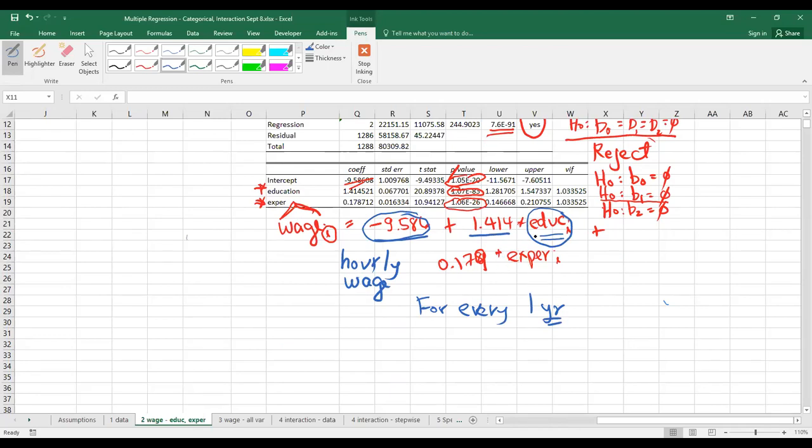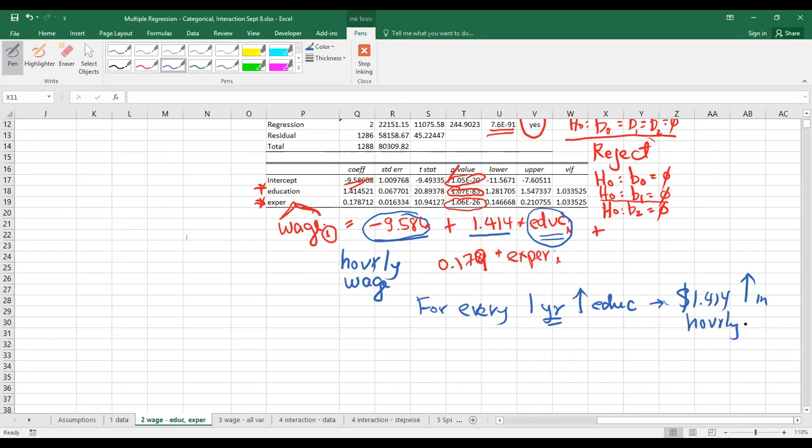Ang sinasabi niyan, pag mag-increase daw tayo ng isang unit kay education, and it just so happens that education is in years, so gagamitin natin si years as dimension, for every 1 year increase in education, there's a corresponding 1.414 dollars, kasi dollars yung denomination natin ng wage, increase, no? In what, guys? In hourly wage po. Hourly wage.